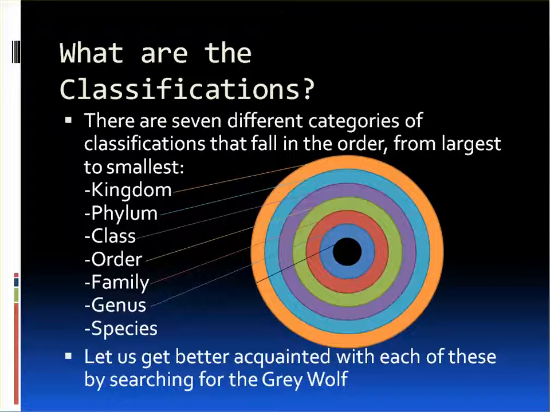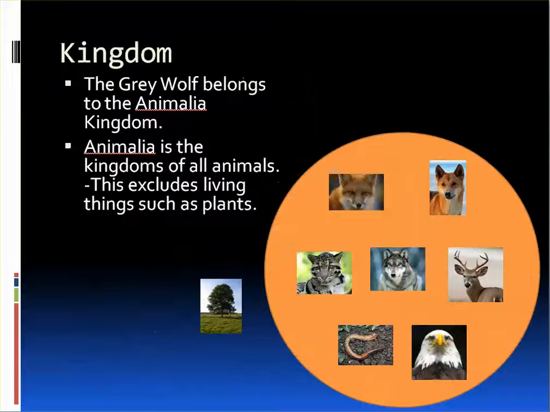Get better acquainted with each of these by searching for one of my favorite animals, the gray wolf. Now we're going to start off with kingdom. The gray wolf belongs to the kingdom Animalia, or animal. Animalia, the animal kingdom, of course, makes up all animals in the world.